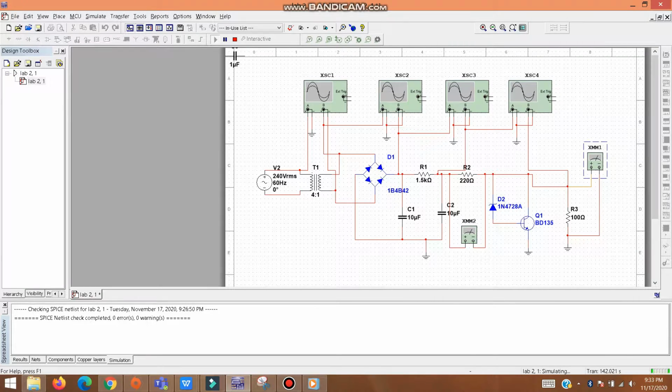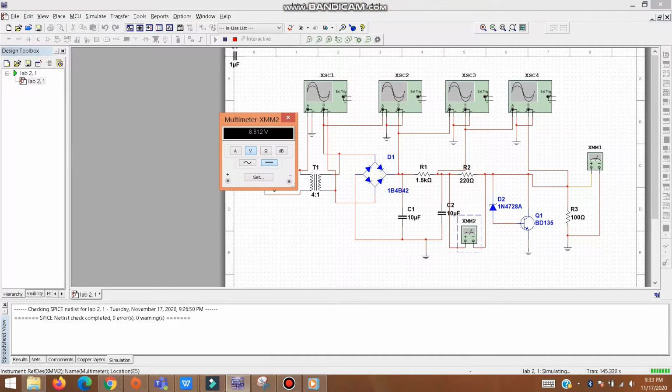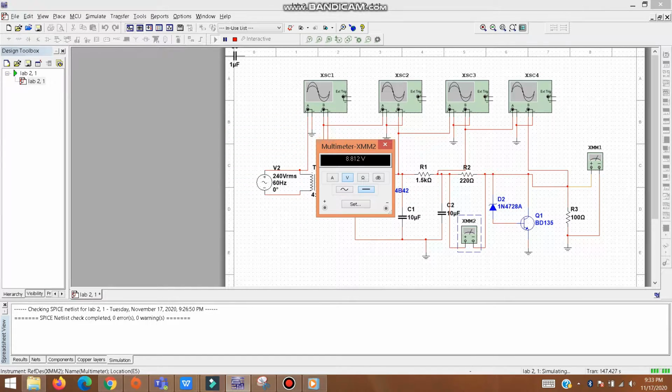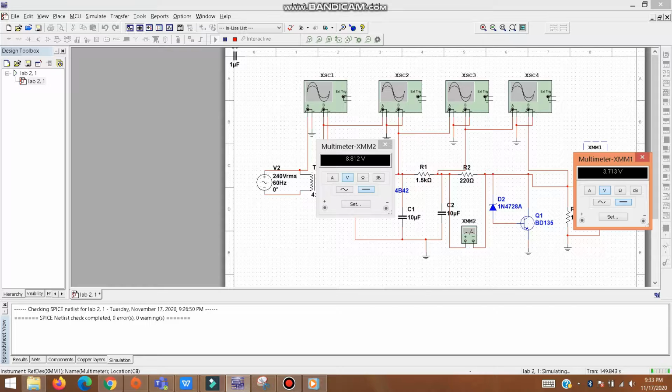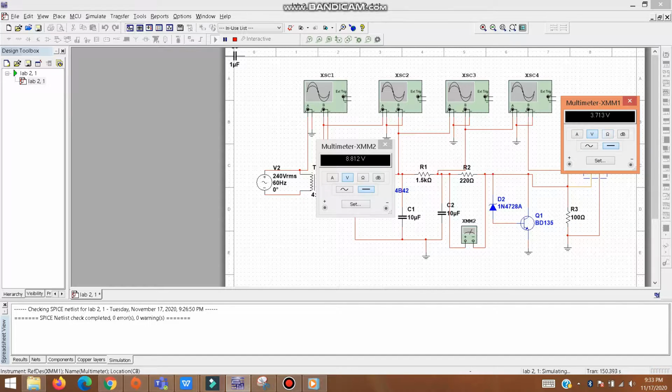Alright, for the shunt circuit, our second circuit, our V input is equal to 9. From the simulation of this circuit we got a voltage input of 8.8, almost 9, and the voltage output is equal to 3.713 volt.